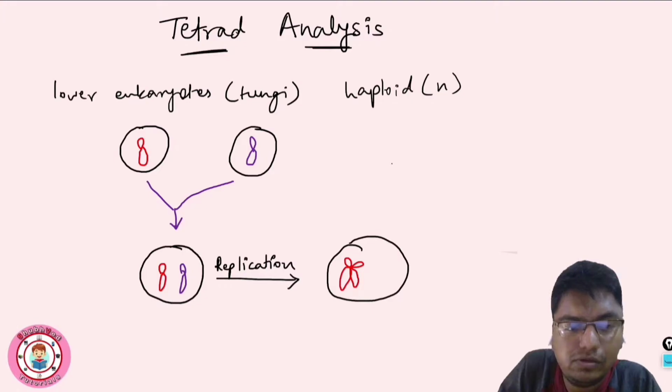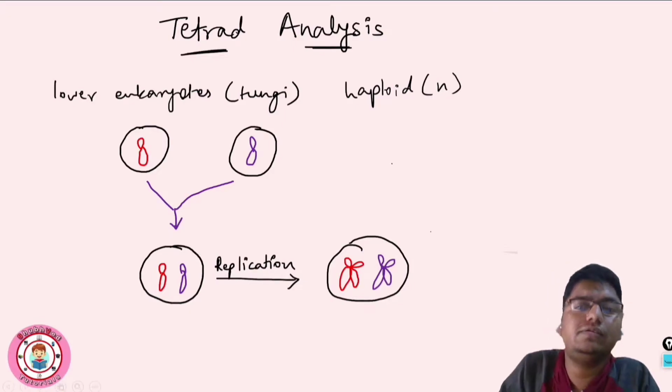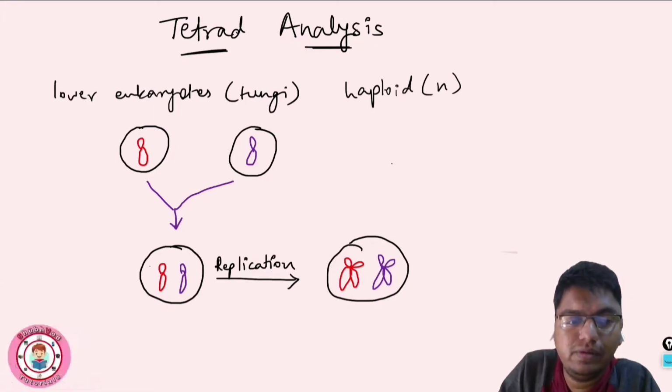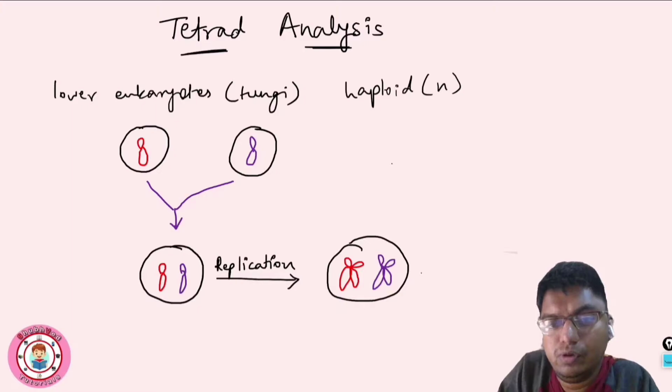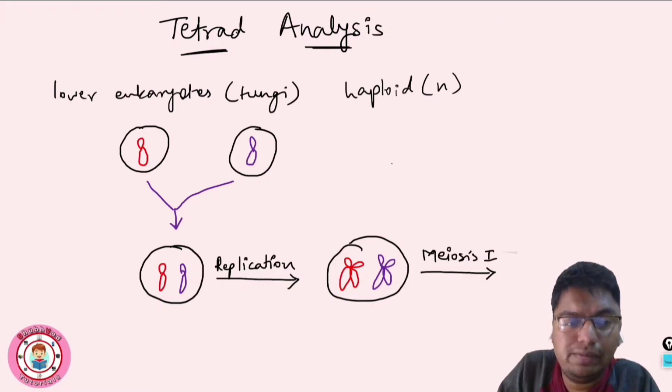This is one chromosome after duplication, and another is with it. So these are the two chromosomes replicated. Then this will undergo meiosis 1.